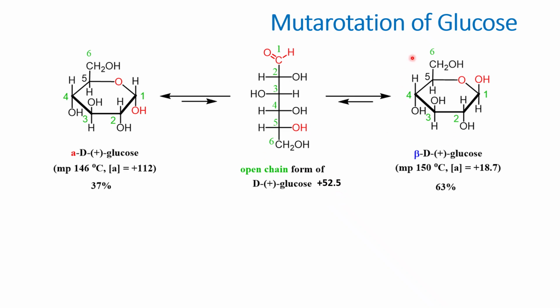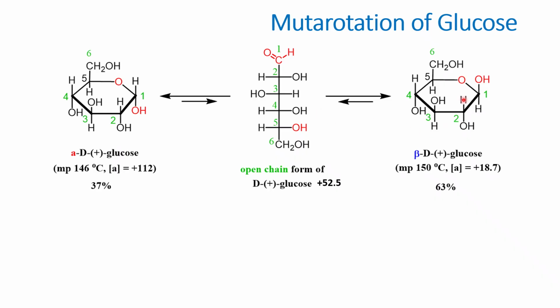If you make a solution of beta D glucose and observe its optical rotation, it will change from 18.7 to 52.5. So the slow change in rotation from the alpha D state to the open chain or beta D state to open chain is called mutarotation.